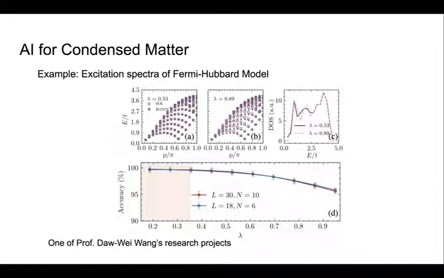In this plot, the red squares are the exact calculation, and the blue dots are the calculation using neural networks. You can see they offer pretty consistent results. With the help of AI, we may provide a generic numerical method to solve for Hamiltonians of these many-body systems. And this is actually one of Professor Dao-Wei Wang's research projects.